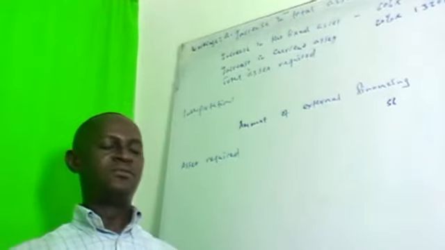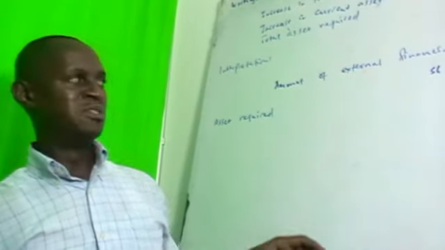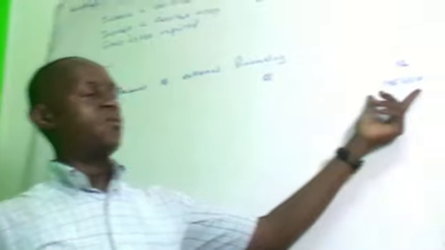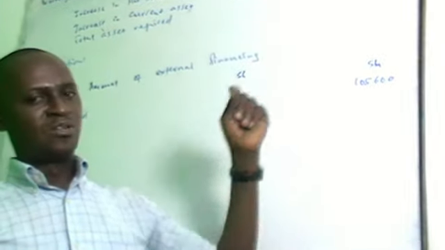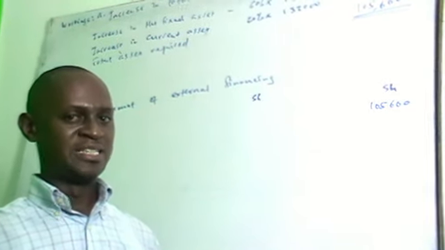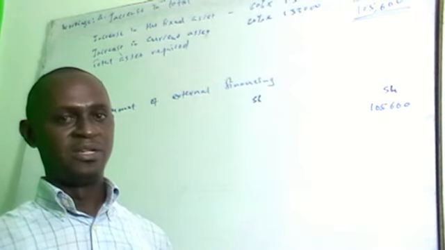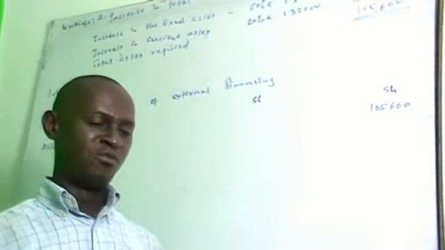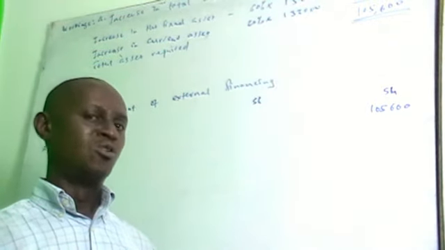Now the financing will come from internal sources. If internal sources will not be sufficient, we are going to go to the external sources. So external sources, you will have to be told by the examiner. Examiner will tell you where that external source will be coming from. It might come from short-term sources, or it might come from long-term sources.